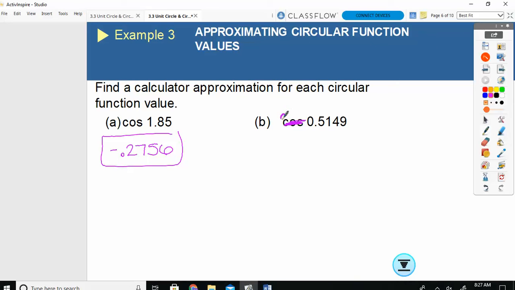For B, let's not do cosine, let's do cosecant. So we're in radian. How would I do cosecant? 1 divided by sine.